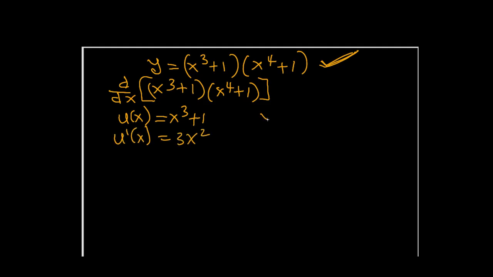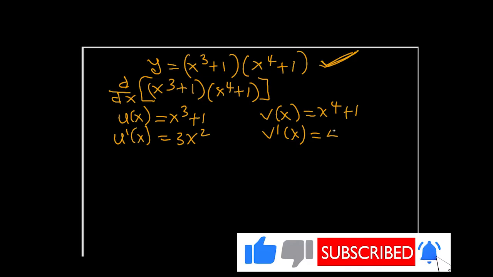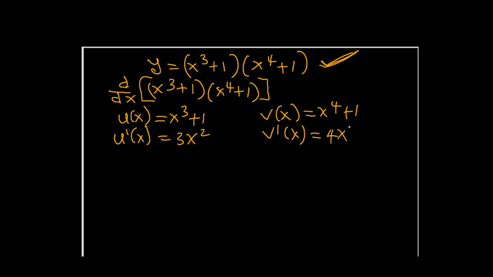The second one is v, as a function of x. Let's get the derivative of that one, which is equal to what? The 4 will go to the front, and then the power of the function minus 1. The derivative of a constant is 0. So that's what we have.